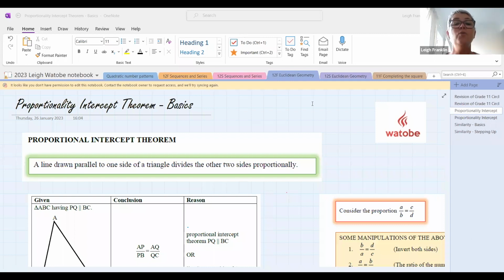Okay, so in order to be able to accommodate everybody, I'm going to go pretty slowly because I think it's very important that we understand the basics of the proportionality intercept theorem, because if we don't, then trying to do the work becomes an absolute nightmare. So we need the tools for the job, so to speak.